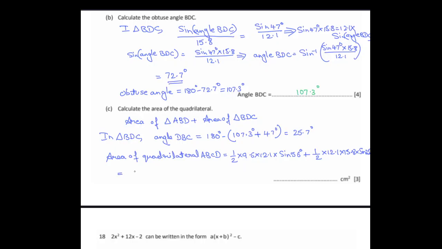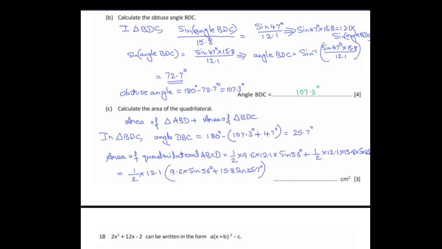So take half, 12.1 is common, 12.1 into 9.6 into sine 56 plus 15.8 into sine 25.7. Find out using calculator.